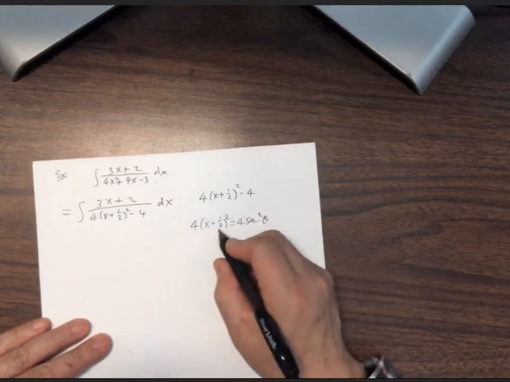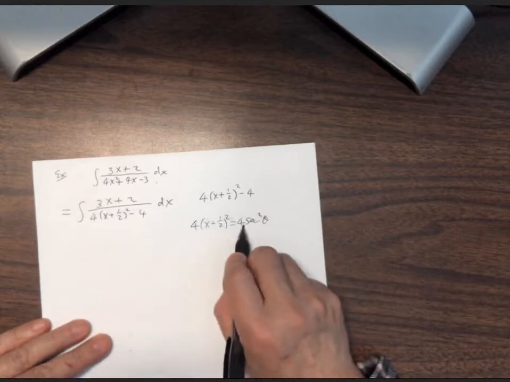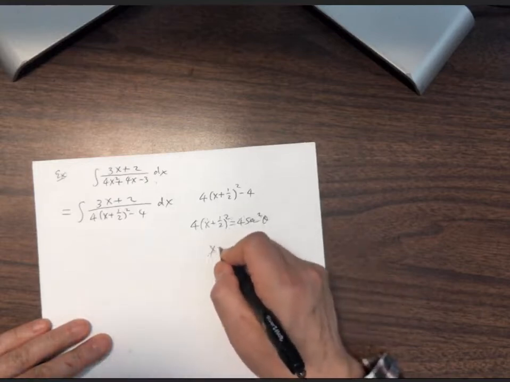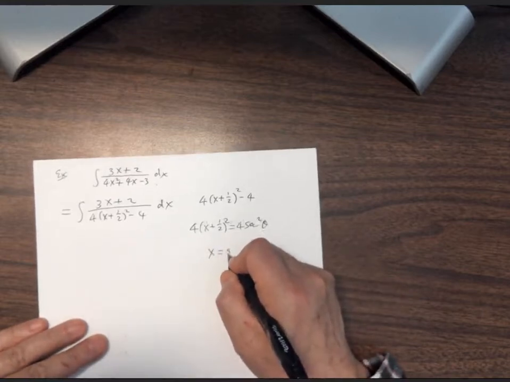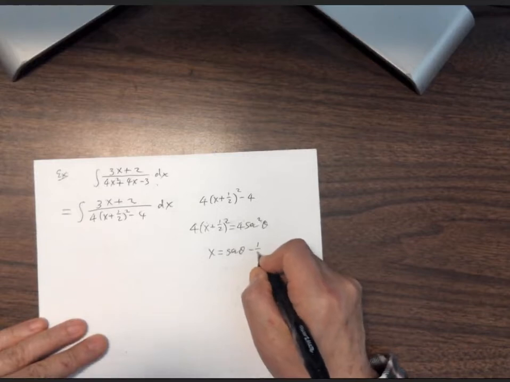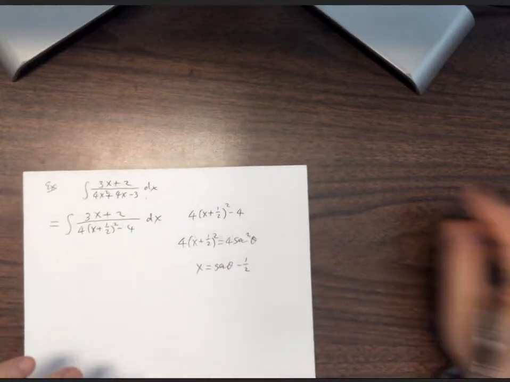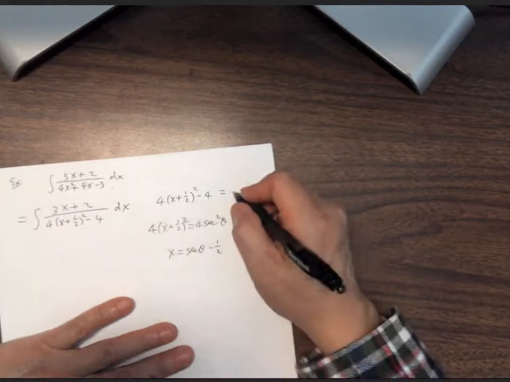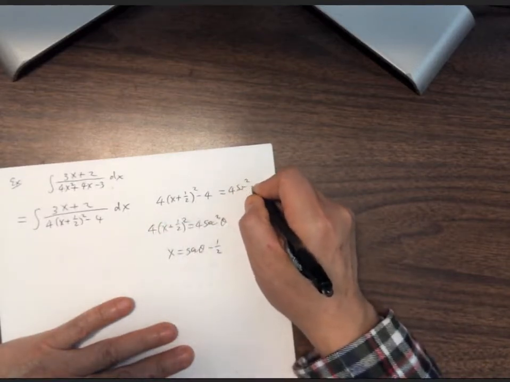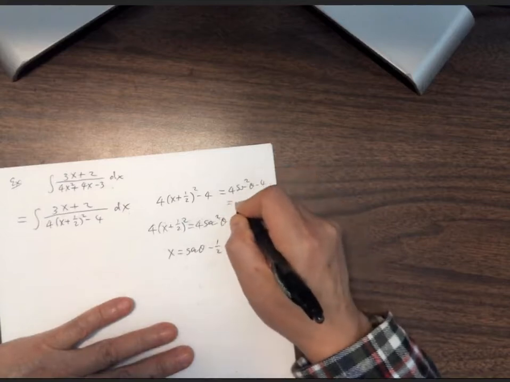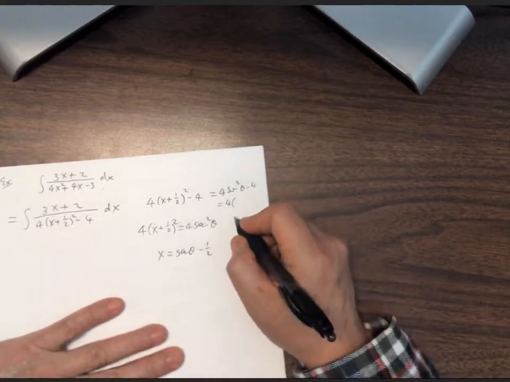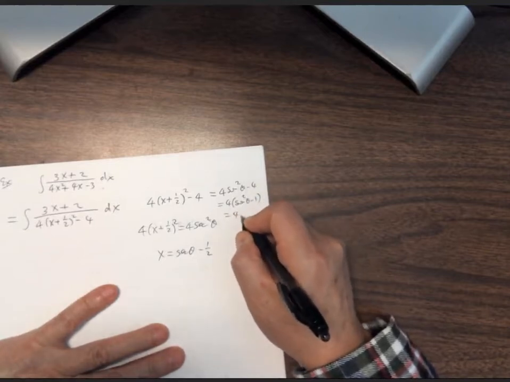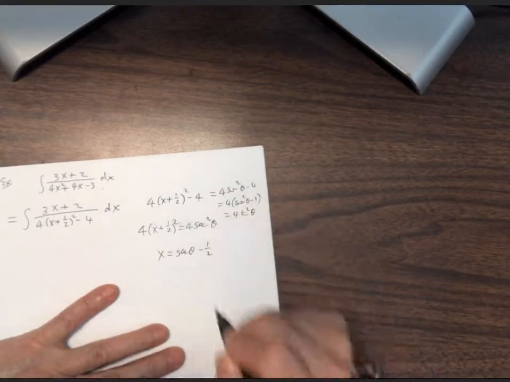Solve for x, so divide by 4, take a square root on both sides, move the half over, so we can easily come up with the trig substitution. At the same time, the expression here becomes 4 secant square minus 4, which is the same as 4 times (secant square minus 1), or 4 times tangent square.